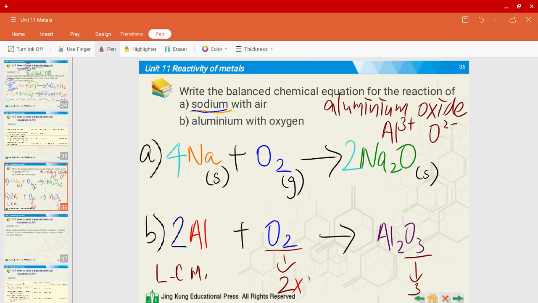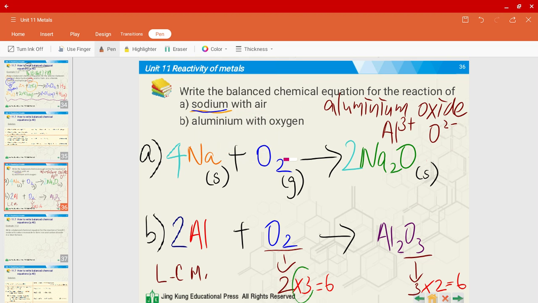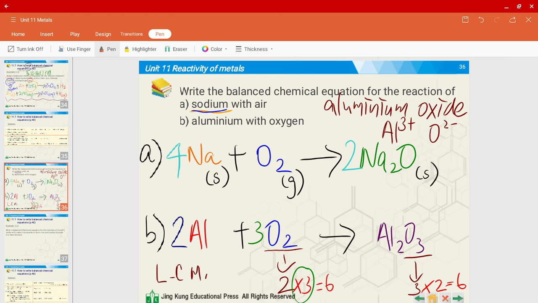So you can just do times 3 on this side and times 2 on this side, so that you get a 6 over here and a 6 over here as well. Because I did times 3 over here, I'm going to write 3 over here, and because I did times 2 over here, I'm going to write 2 over here.